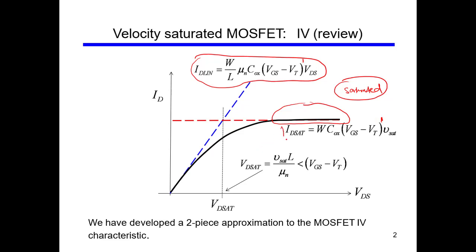This is the equation in the saturated region, and these two equations intersect each other at a point that is called VD saturation. And VD saturation for the velocity saturated model is equal to V sat, which was the saturated velocity.